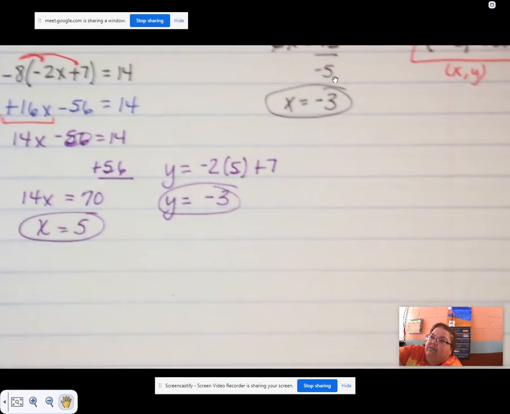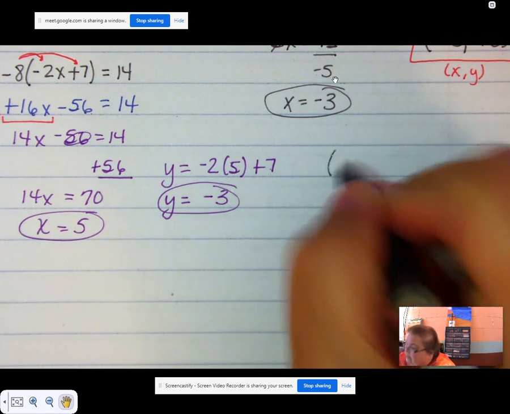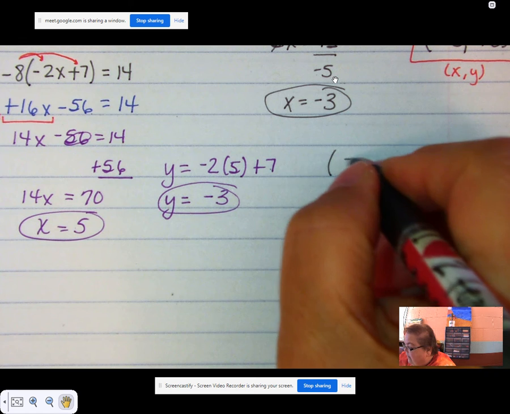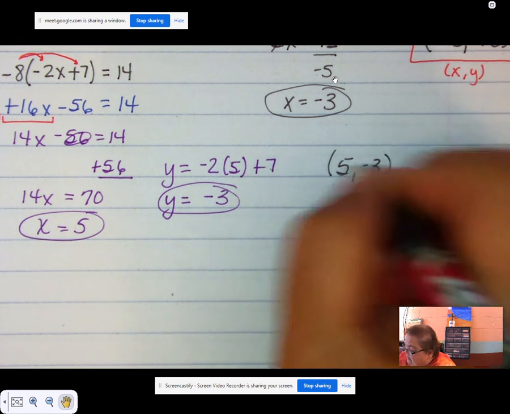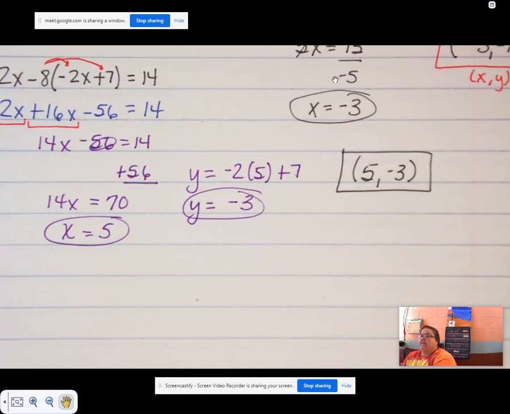Negative 10 plus 7 is negative 3. So what is my solution? 5, negative 3 is correct. Okay. Questions?